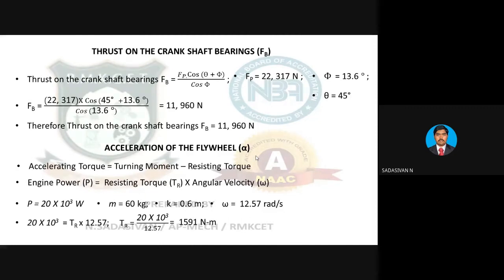So that is 1591 Newton meter. This much torque is just required to start moving the vehicle. Whatever balance is available apart from this 1591 will increase your speed. That is the accelerating torque.